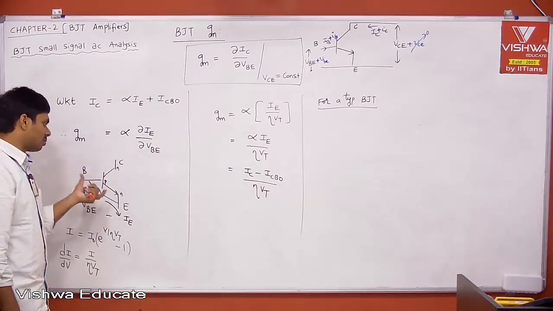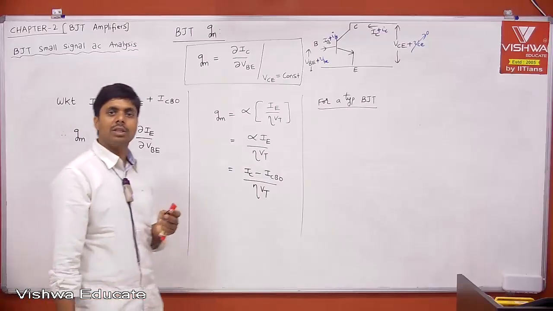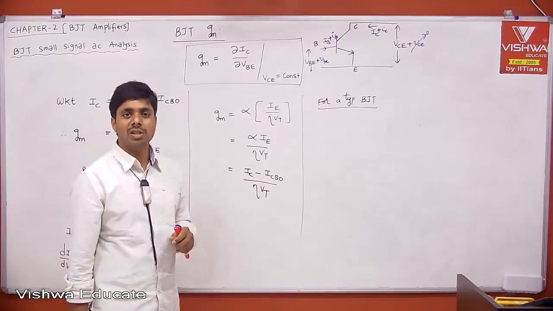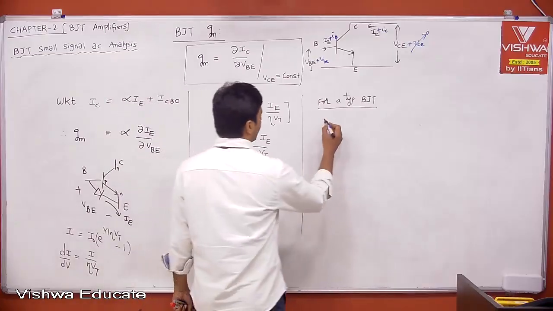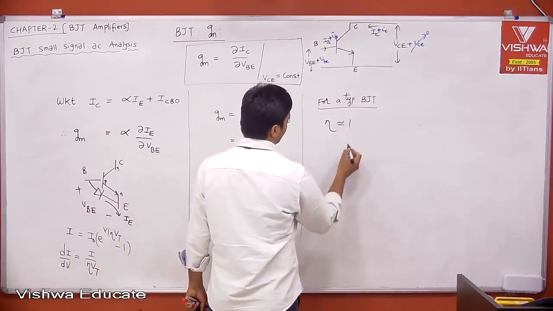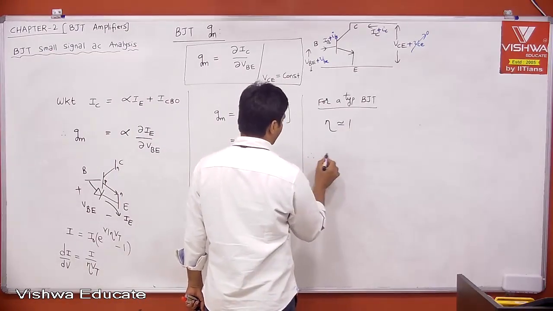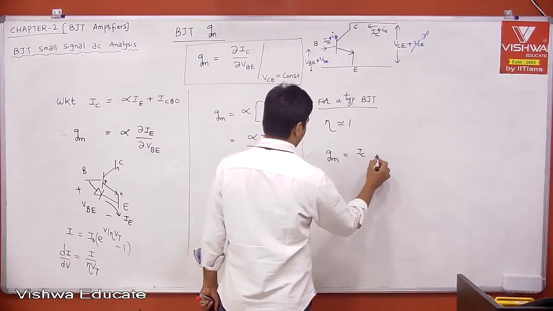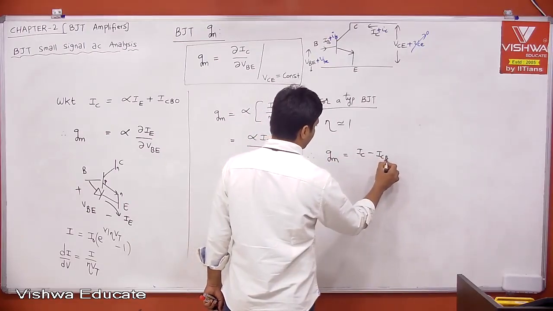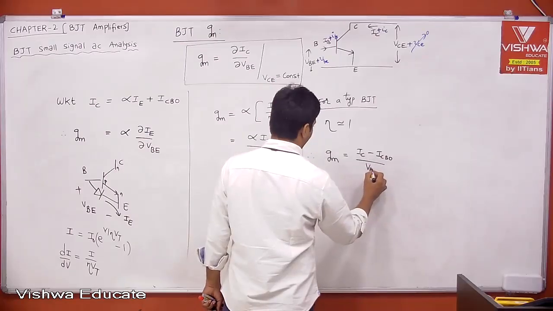If the entire voltage is coming to the junction or depletion region, then eta is considered as almost 1. Therefore, your eta will be almost equal to 1, and therefore what is your GM? GM you can take as IC minus ICBO divided by Vt, and we can neglect ICBO actually.